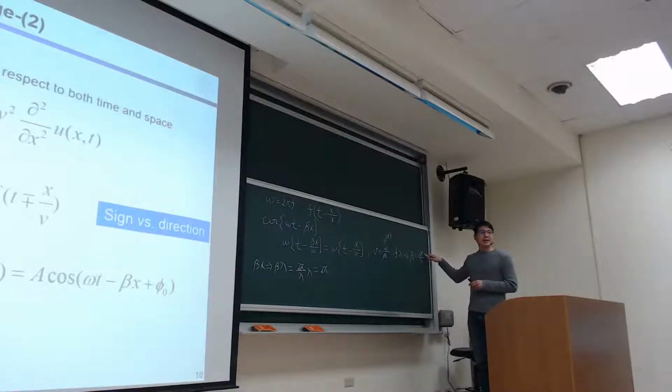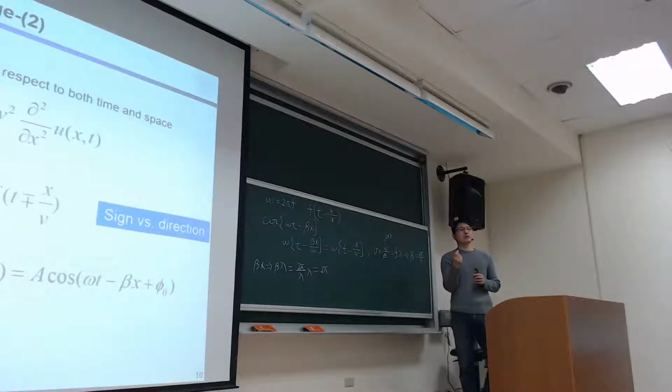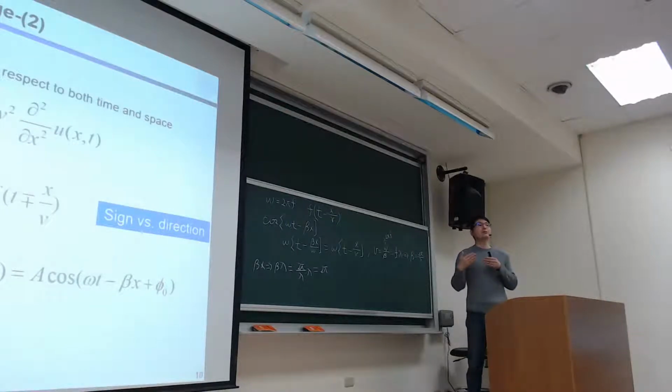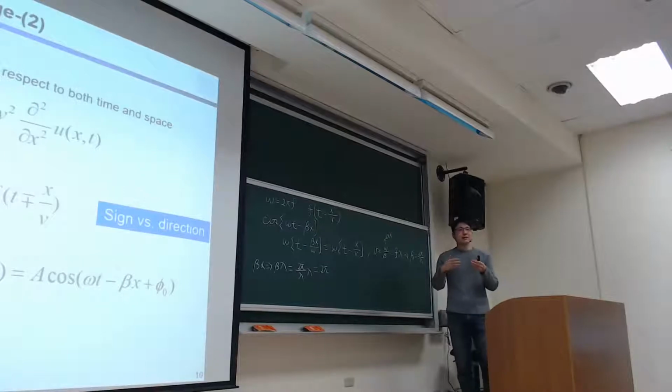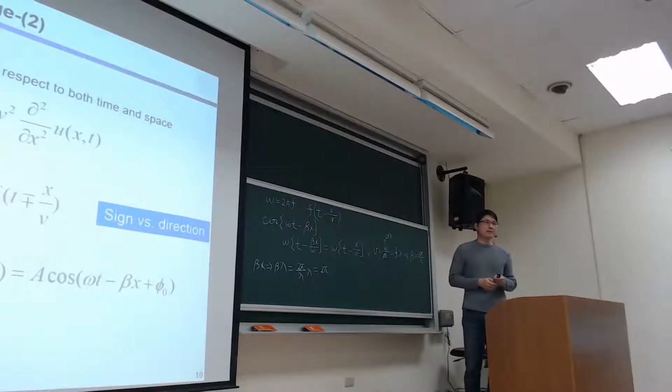The physical meaning is if you allow a wave to propagate for a certain length, direct multiplication by beta would tell you how much phase you accumulate. If your distance is an integer multiple of the wavelength, you acquire multiples of 2 pi. Okay, so that's very straightforward.